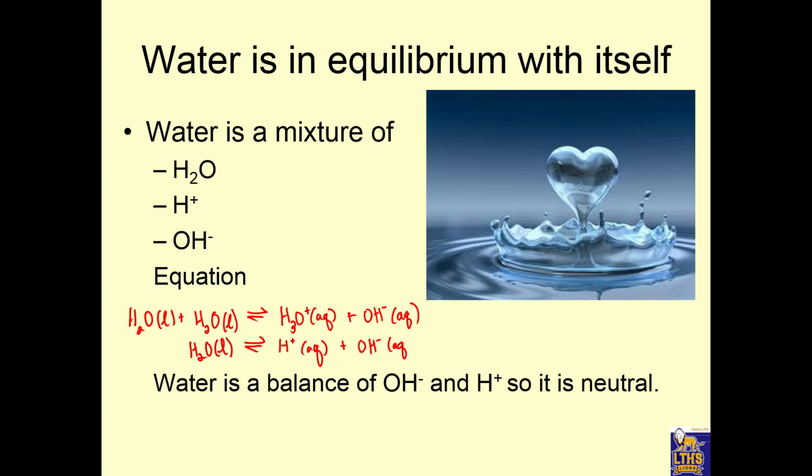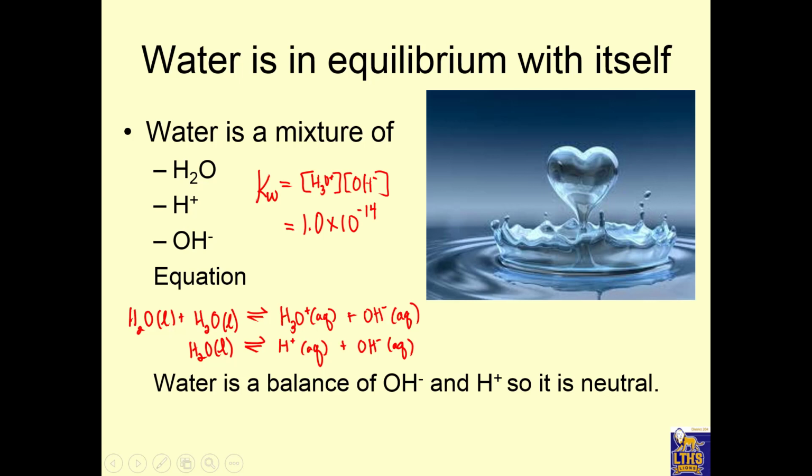So we can write an equilibrium constant expression. It's called a Kw. So we do products over reactants. The products are H3O plus and OH minus over, oh look, they're liquid, so we don't have to write it. This is always going to be a constant of 1.0 times 10 to the negative 14.